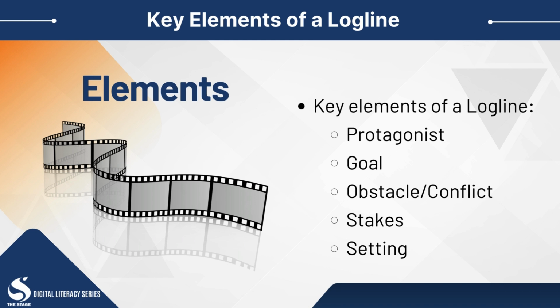So your protagonist, that's your main character, right? That's the hero of the story. Then you have your goal, like describing what that protagonist wants to achieve, or what is their primary objective. Their obstacle, that's highlighting the main challenge or even the antagonist that stands in the way of the protagonist.